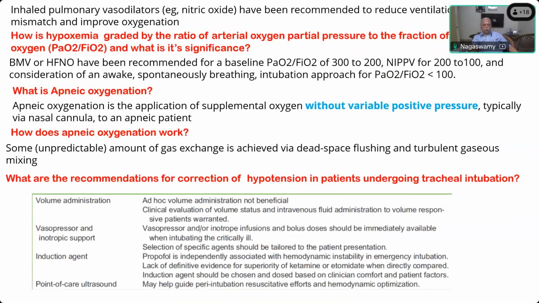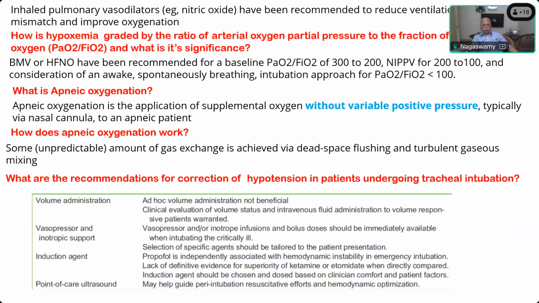Propofol usually is independently associated with hemodynamic instability. It will always cause a little bit of hypotension, but mixing it with ketamine, in situations where the hypotensive effect of propofol can be counteracted, is always recommended.